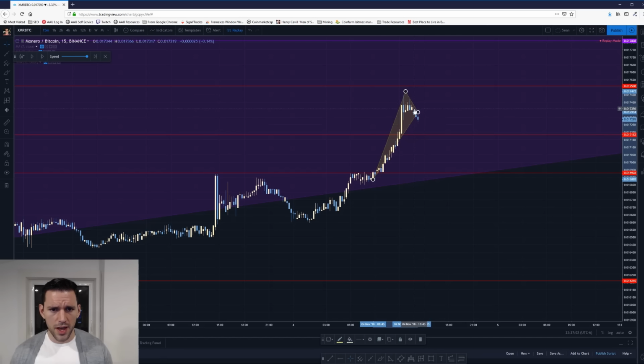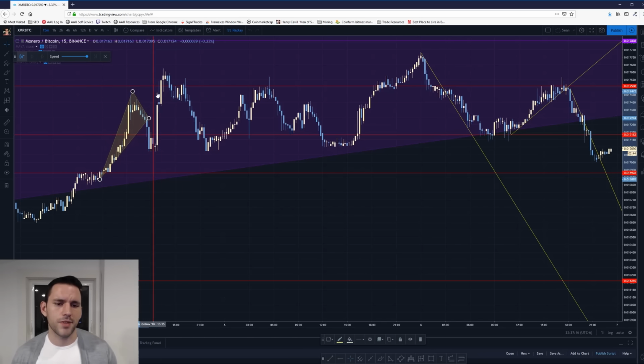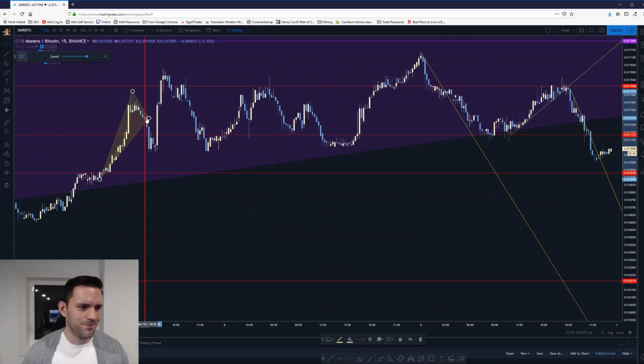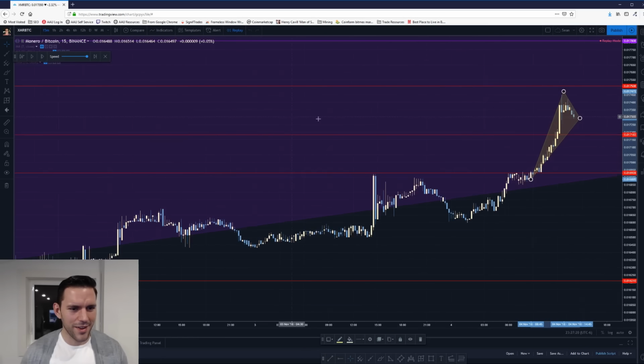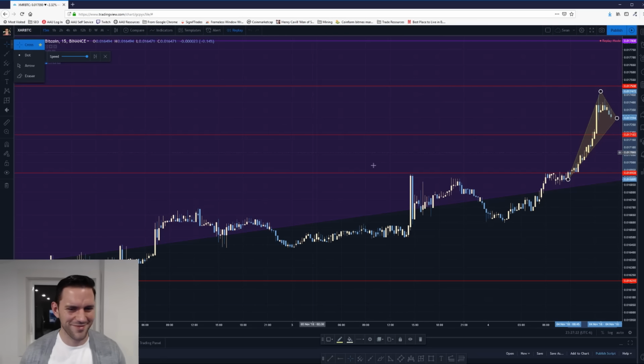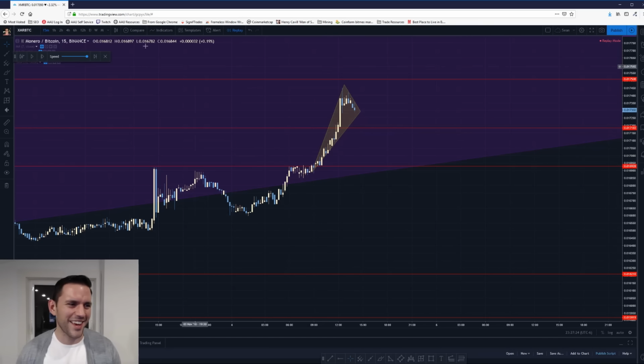Right, we would have identified this point here and this point here, right? We would have identified that's the wedge, and we would have basically just lined it up with the bottom side of this, right? At that point in time, right? So we would have needed to see where this is going to go. Okay, wrong button.